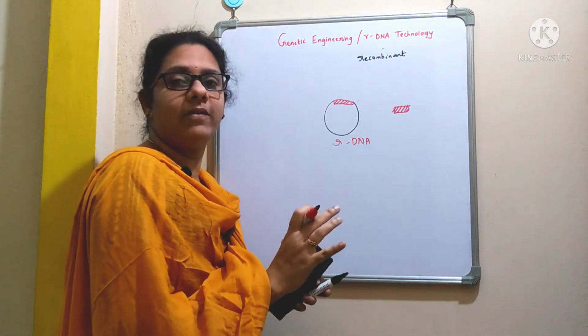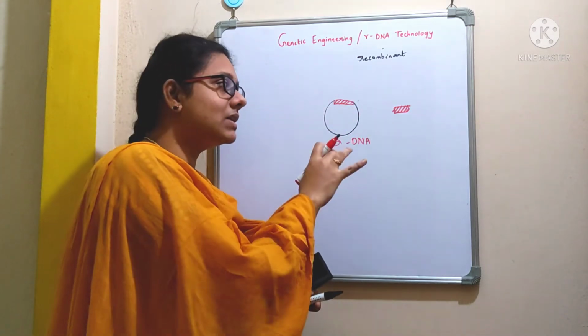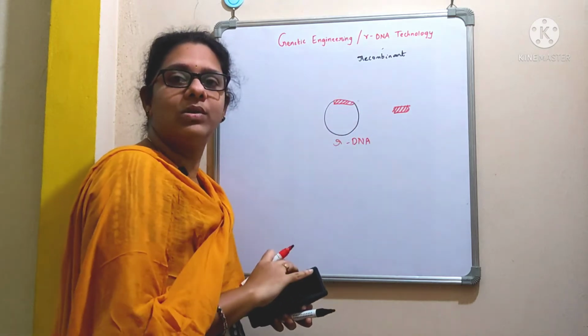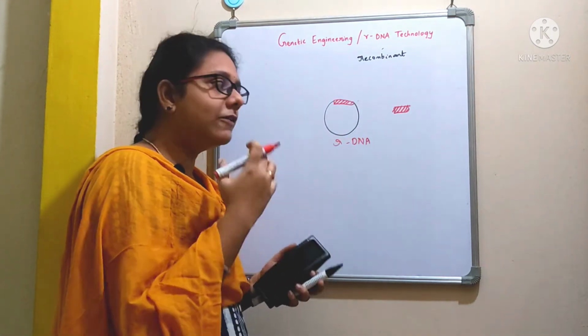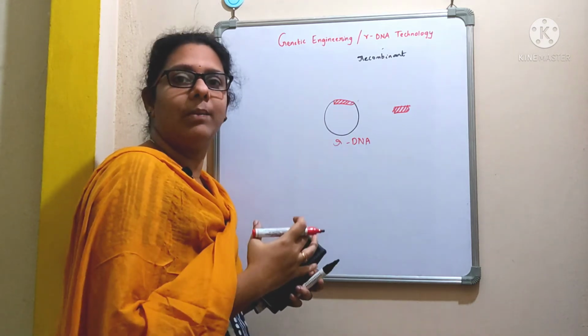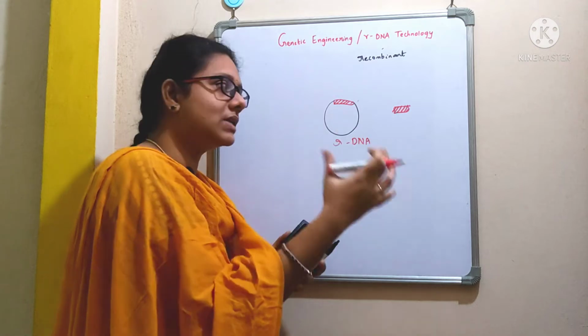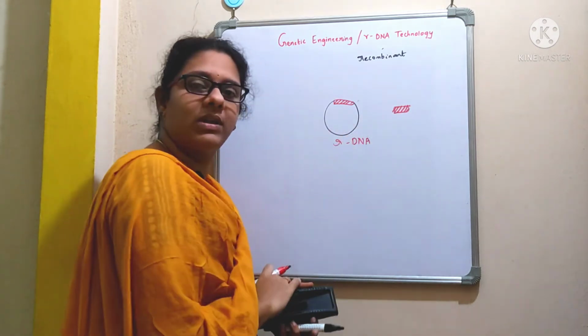Any gene of our interest can be introduced into a particular vector, and this vector is introduced into a host organism to make multiple copies of that gene. If we have multiple copies of the gene, we are going to get a huge amount of that particular product. For example, this gene may code for human growth hormone, this gene may code for insulin.